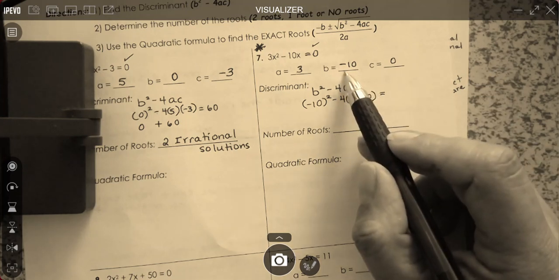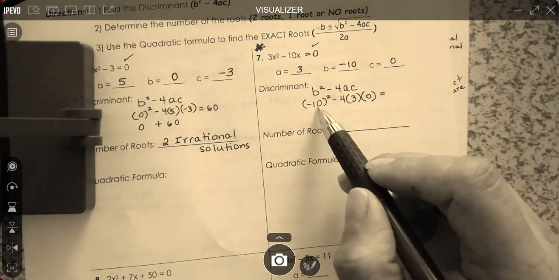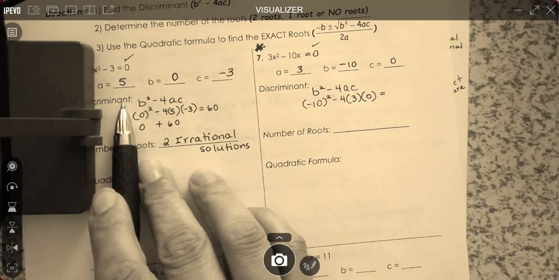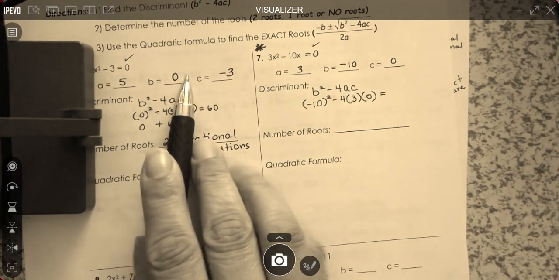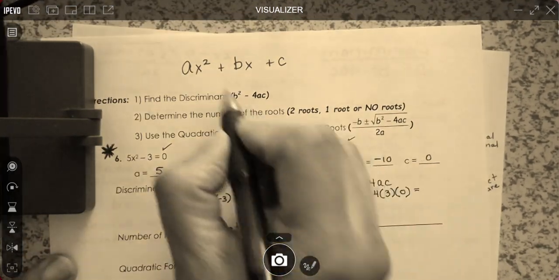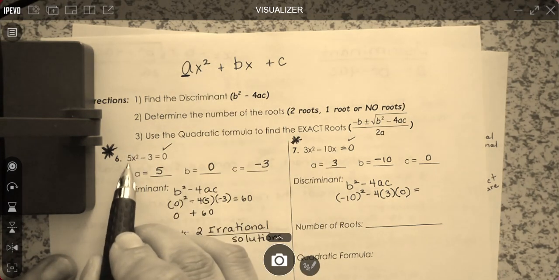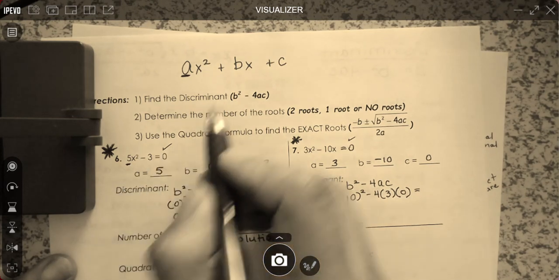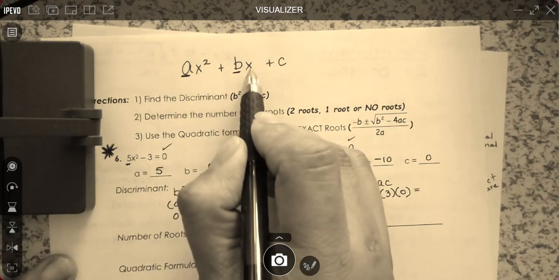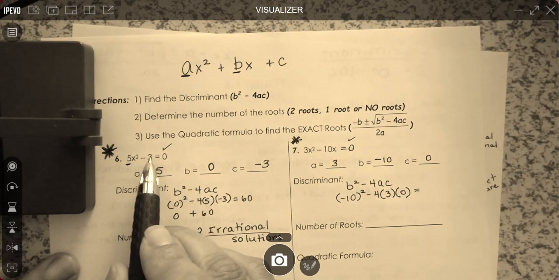0 at B. Here. We explained this. A is the number in front of x squared. So that's why A is 5. Clear? B is the number in front of an x. Where is the number in front of a single x?